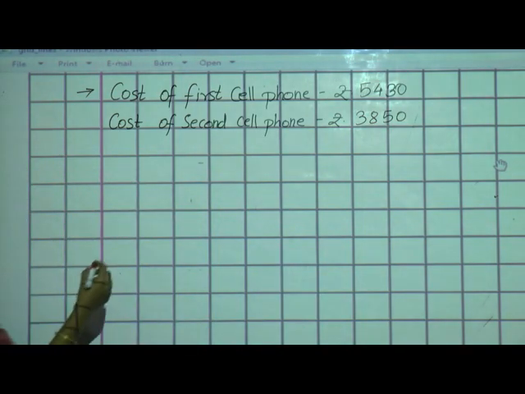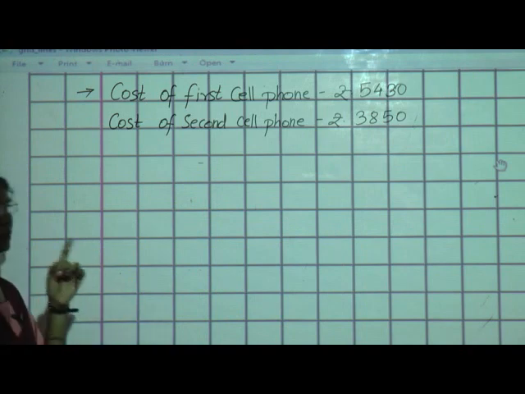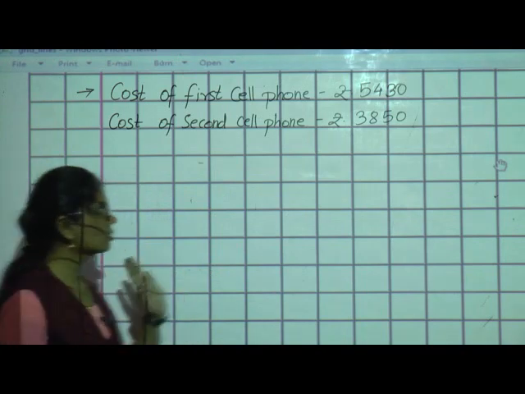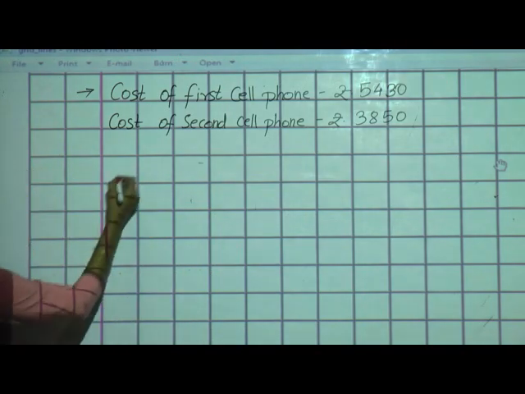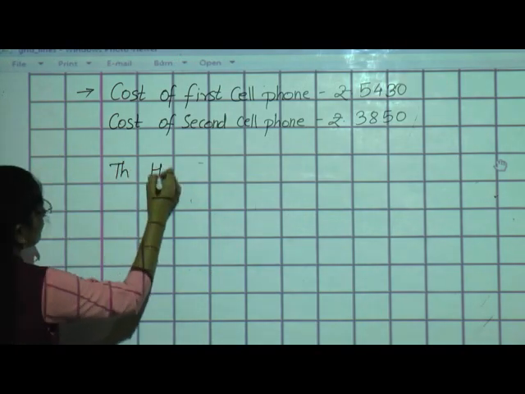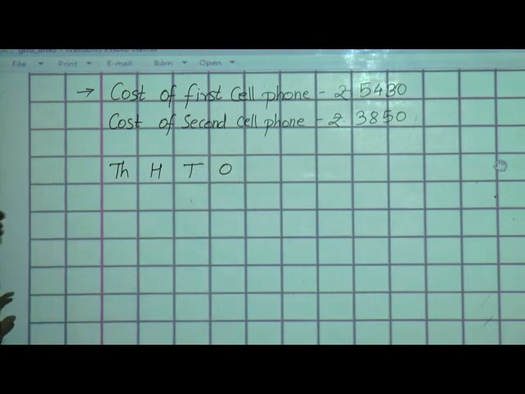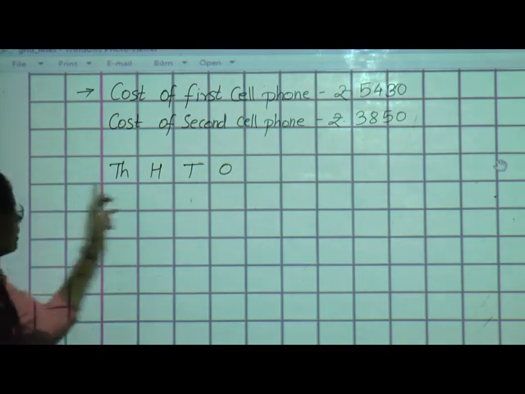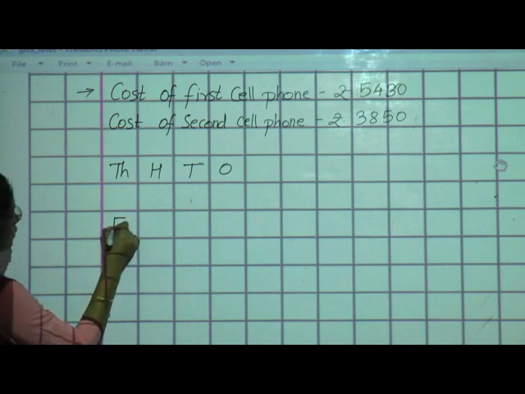We will do the addition now, because whenever the words total or in all come, that time we have to do the addition. So draw the place value chart. She bought a total of 2 cell phones and the cost of the first cell phone is 5,430. So we will write this number in the place value chart.